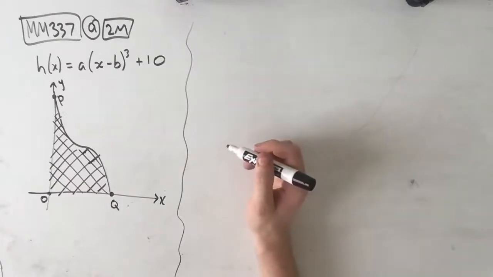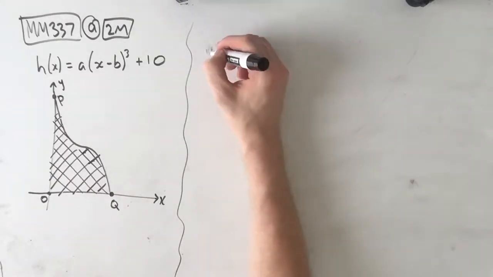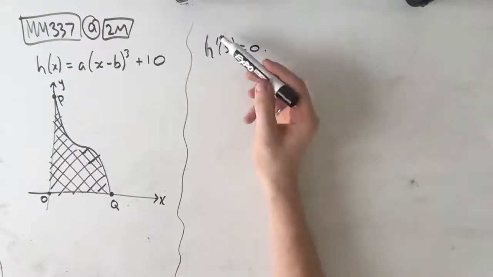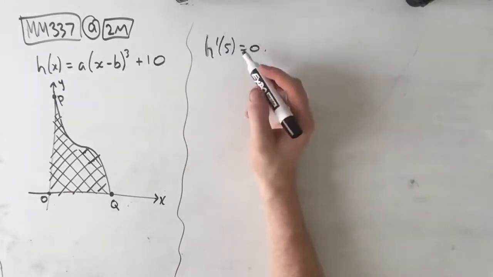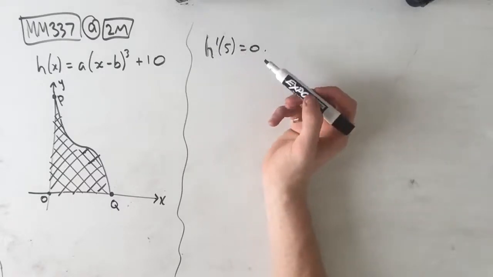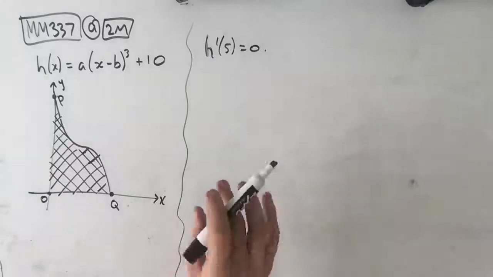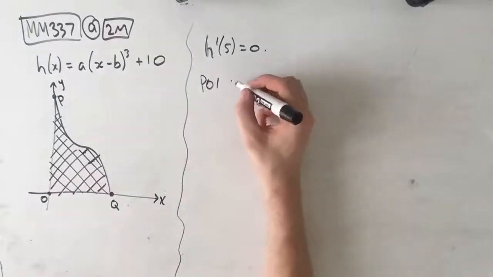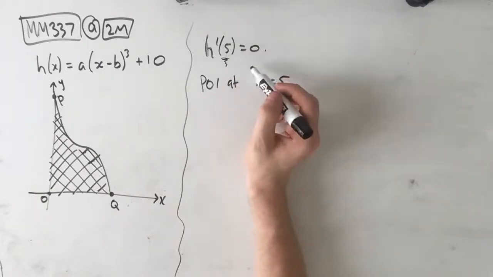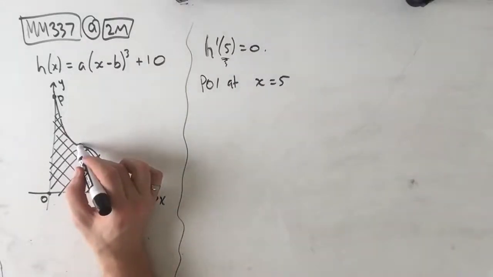Awesome. So first things first, let's deal with this h'(5) first. So h'(5) is equal to 0. Now, whenever we say h'(5), we're saying that the gradient at x equals 5 is equal to 0, okay? Which means that our flat point, or our point of inflection, occurs at x equals 5, right? Because our gradient is 0 at that point. So x equals 5 is here.